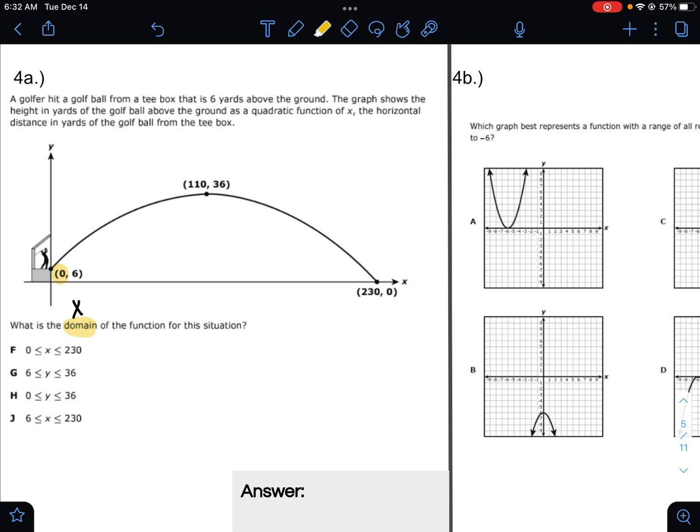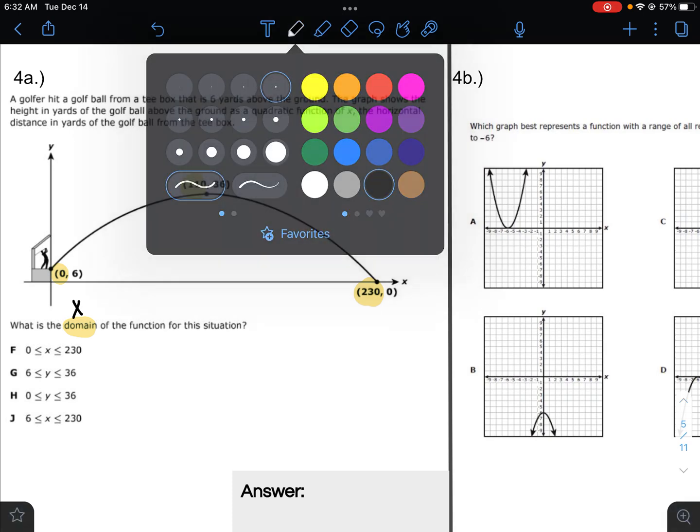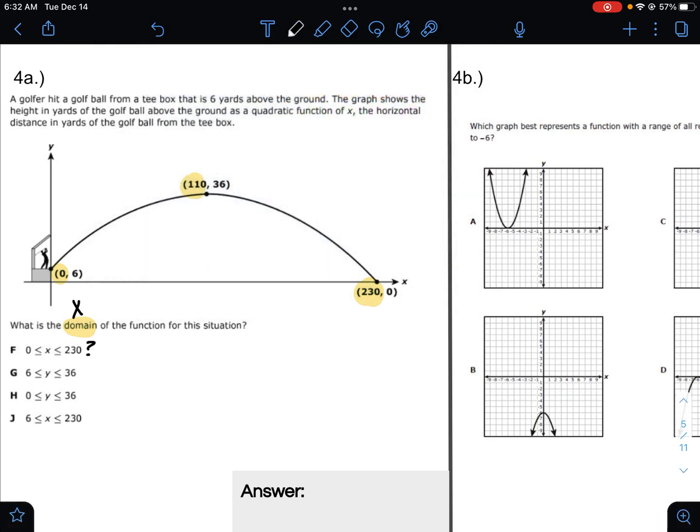So I just want to focus on my x values, and I need to make sure I contain the entire thing. So if I look at answer choice A, it uses 0 to 230, which would include all my x values. So that's a possibility. If I look at G, it says 6 to 36.